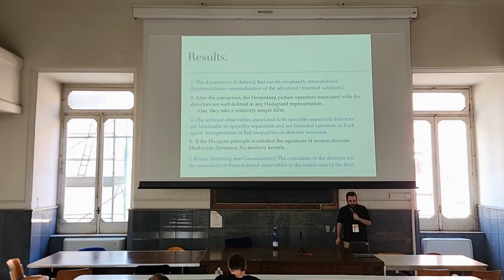The induced observables associated with space-like separated detectors, when one has more than one detector, are localizable in space-like separation, which is not surprising. But moreover, they're bounded in norm by the initial norm. So in a way, the map that takes the induced observable is norm decreasing, something that can be shown in more general terms. But in our case, we have very clear estimates of how the norms behave.